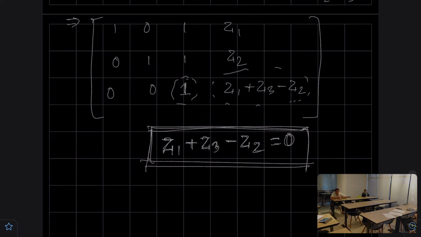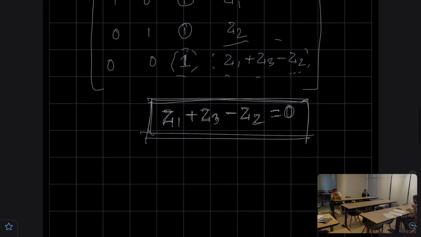But as long as you have a one there, you can further reduce this augmented matrix into reduced row echelon form by making the entries above that one 0. If you make them 0, then it has a unique solution, meaning that C1 is equal to that number, C2 is equal to that number, C3 is equal to that number.